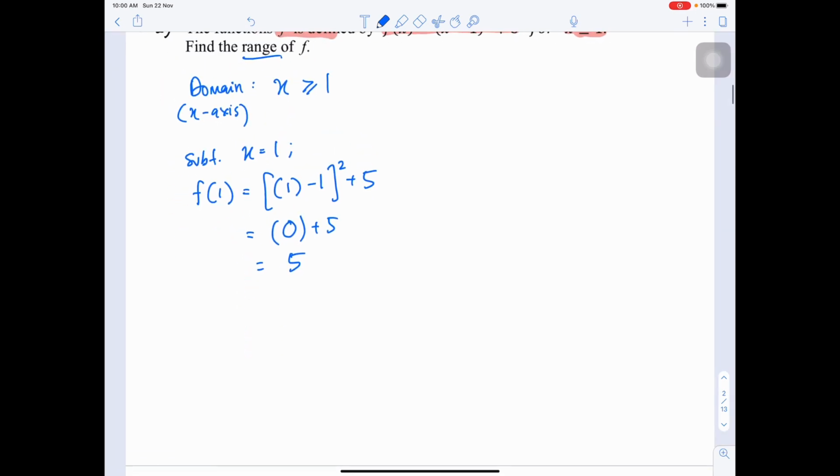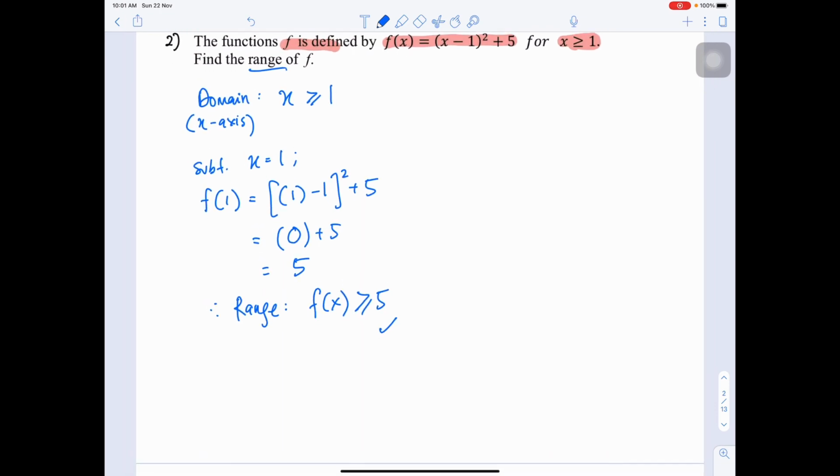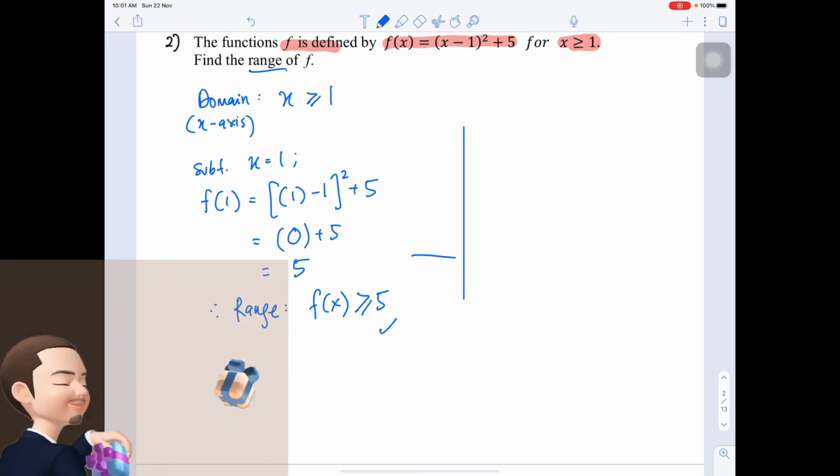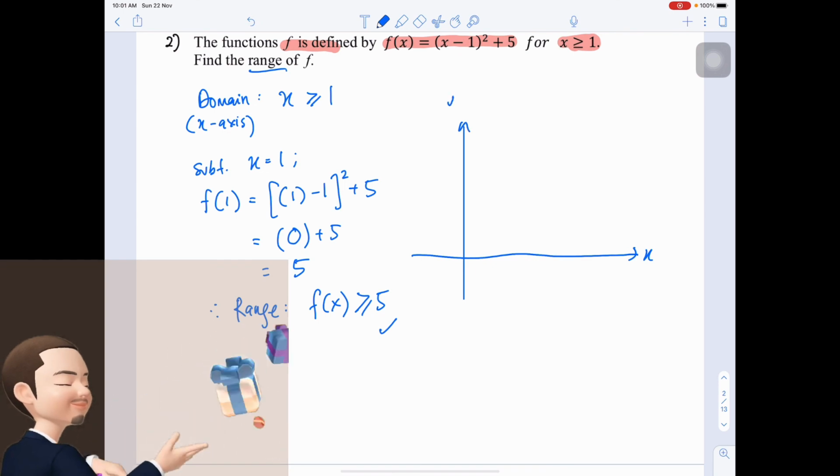Therefore the range is simply f(x) greater than or equal to 5. How do we understand why the range is f(x) greater than or equal to 5? We sketch the graph of y against x.